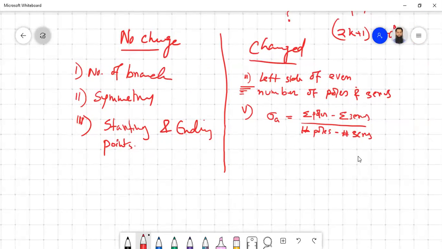That part is unchanged. But what about theta A, the asymptotic lines? Previously it was 2k plus 1 times pi; it will now be replaced by k times 2 pi, or 360 degrees, divided by number of poles minus number of zeros.